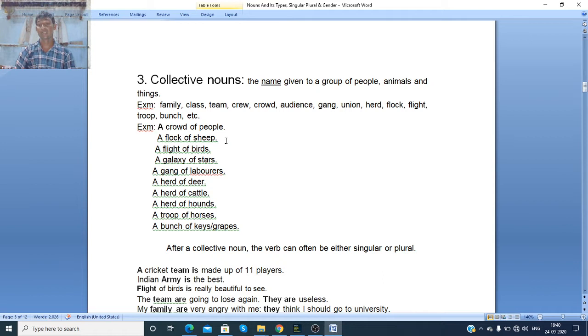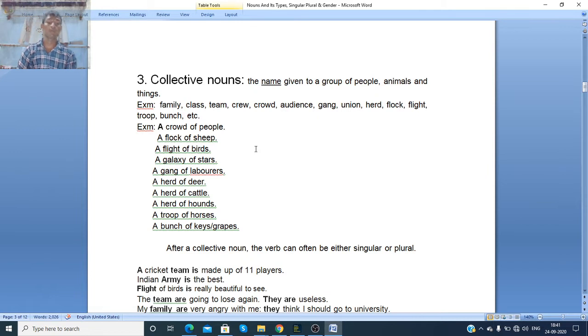Flight of birds, so many birds that fly together is called flight. Group, bunch, so many keys together is called bunch. And grapes, bunch of grapes.